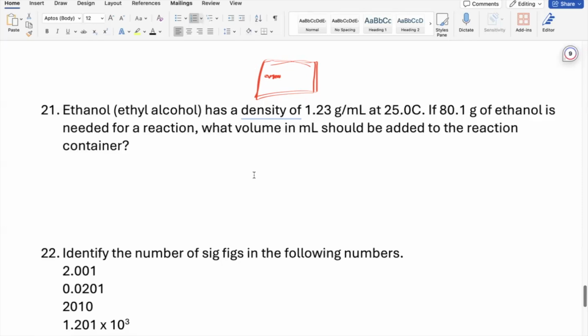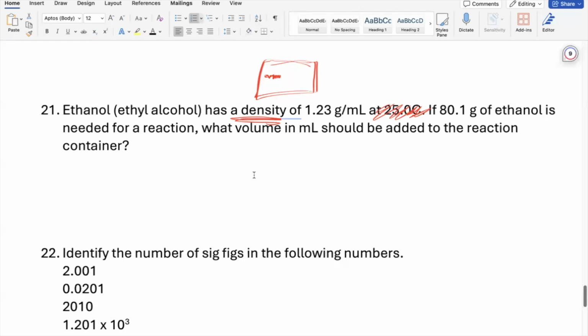I might have changed the substance, this ethanol, but I don't think I did. I think I just changed the numbers. So it tells you that ethanol has a density of 1.23 grams per mil at 25 degrees C. When you get to a density problem and you're given a temperature, just ignore the temperature. They're just adding some extra stuff.